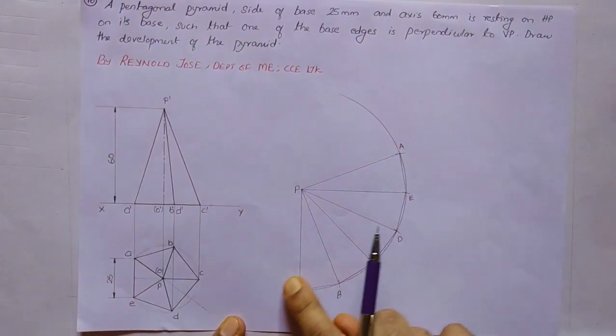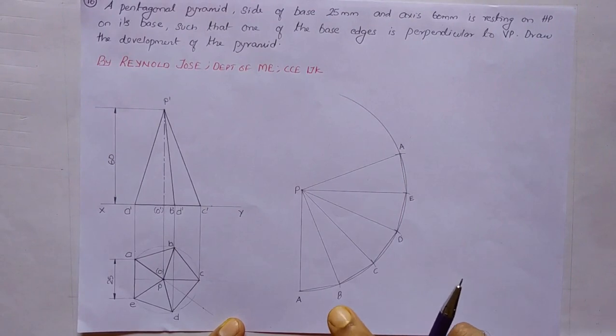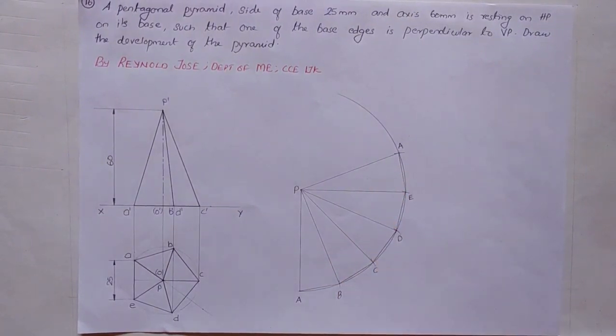So this is actually the development of the lateral surface of this pentagonal pyramid, which is 5 triangles: 1, 2, 3, 4 and 5. Now we shall draw the base, which is a regular pentagon.